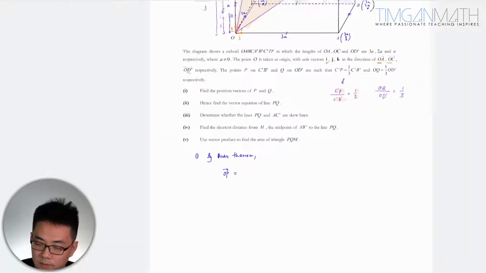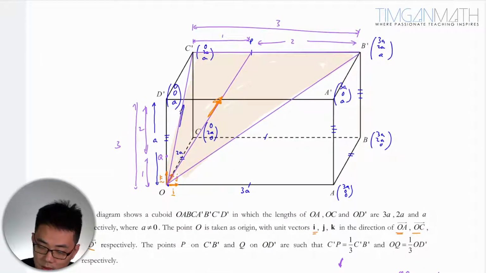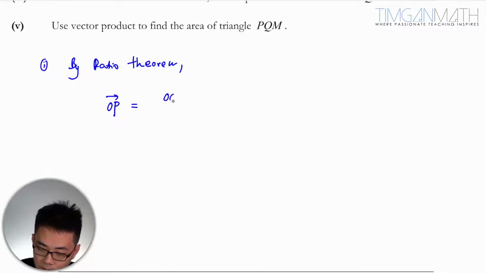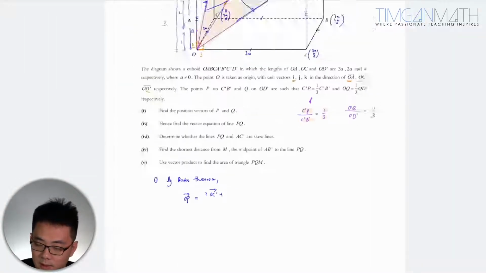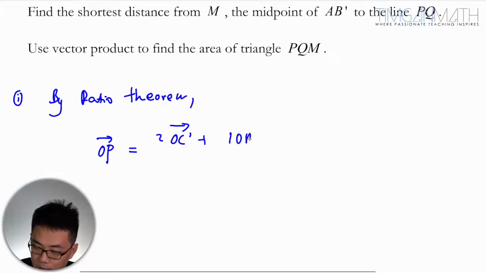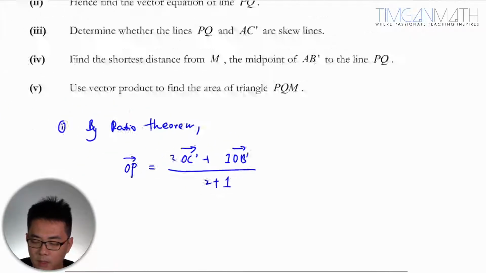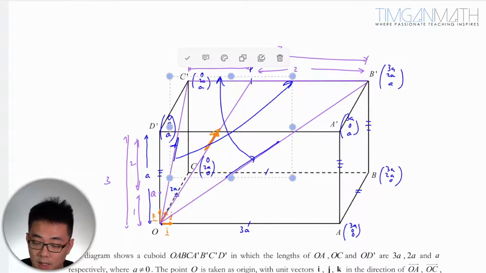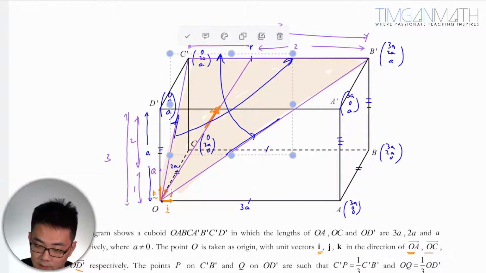will be equal to, so you take OC' and cross multiply. This is 2, and this over here cross with 1. So OC' times 2 plus 1 times OB'. Then you add both ratio parts together, which is 2 plus 1. Remember, by ratio theorem the middle point is always the subject.